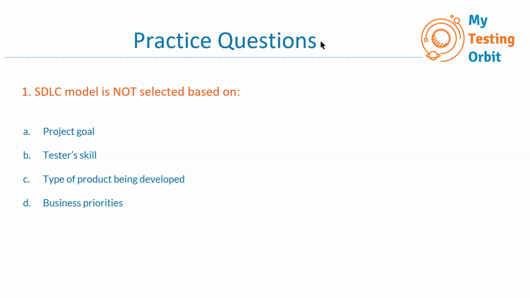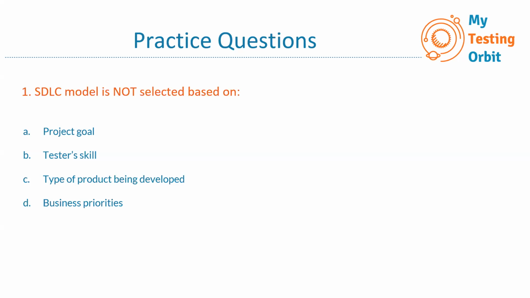Okay, so everyone has given me the correct answer, which is really good, and it's B, tester skill. Yes, so an SDLC model is not selected based on the skill of a tester, but the other options are the key factors for the selection criteria: project goal, type of product being developed, business priorities.